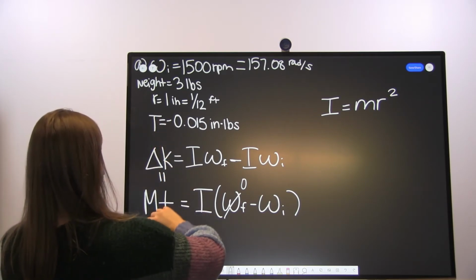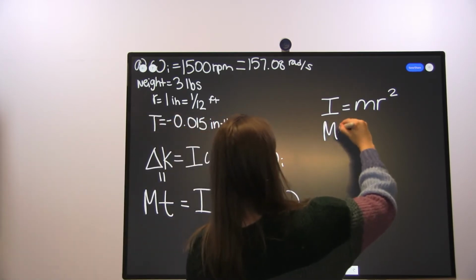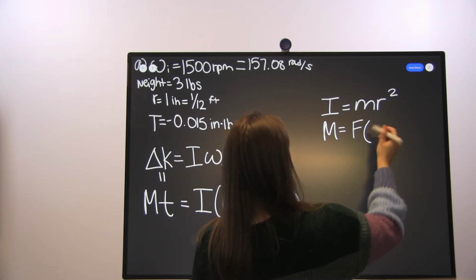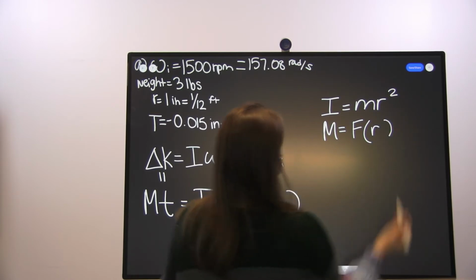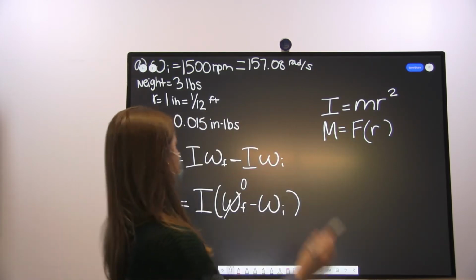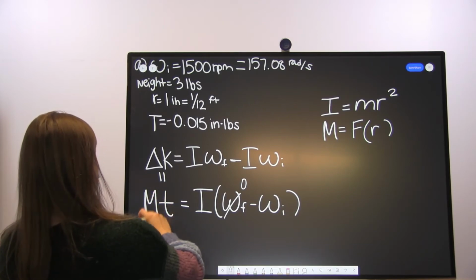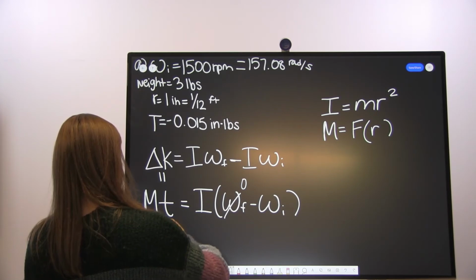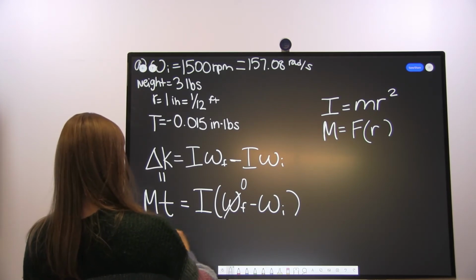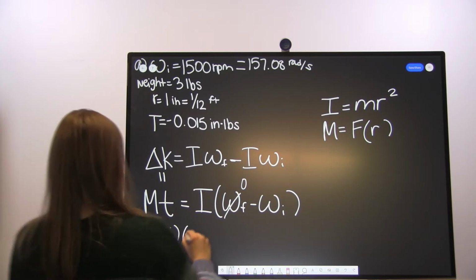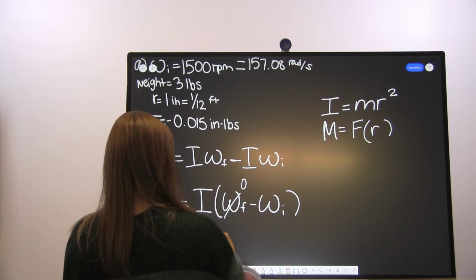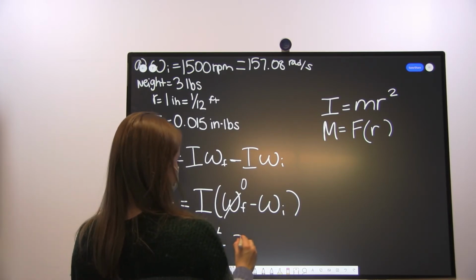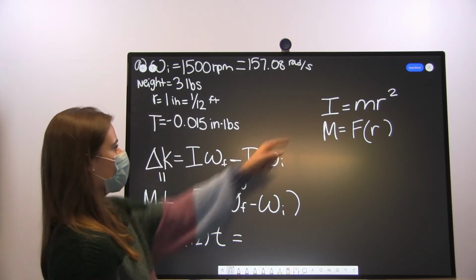So we can start to plug this in. It's also important to note our moment is equal to our force times the radius. So our moment here is going to be the force, negative 0.015, times the radius, which is 1/12 feet, times the time. We don't have time, but that's what we're solving for. And that's equal to our moment of inertia.